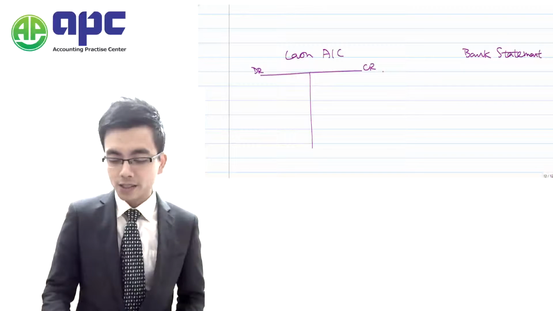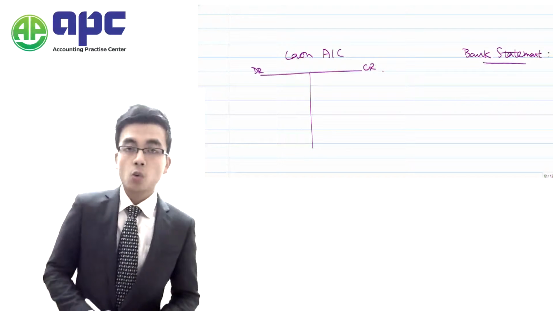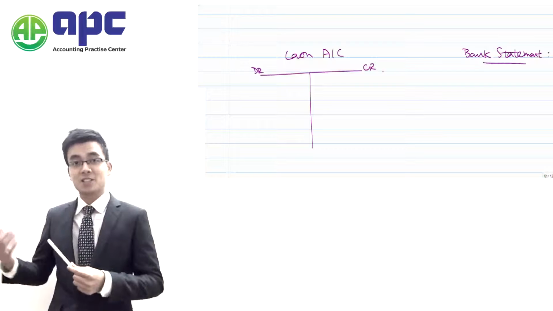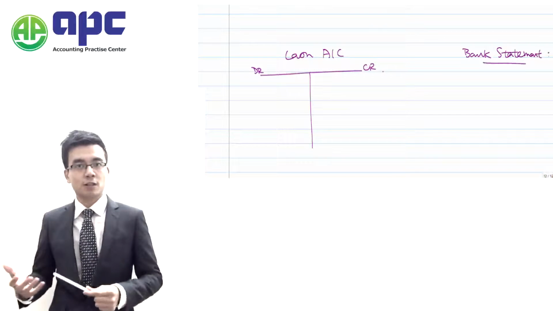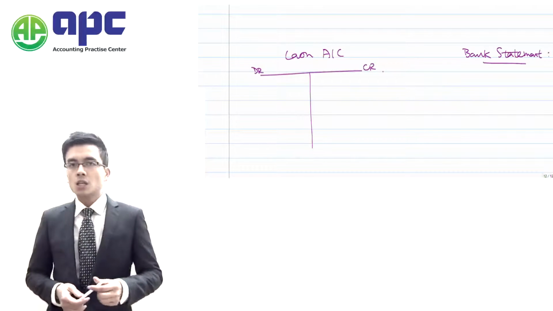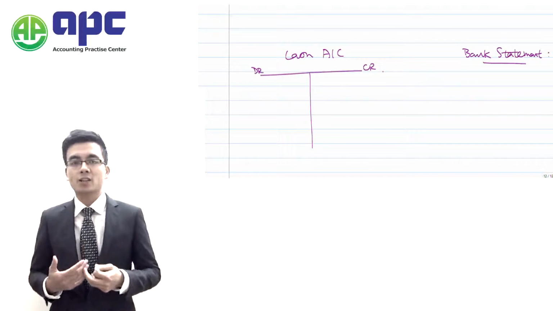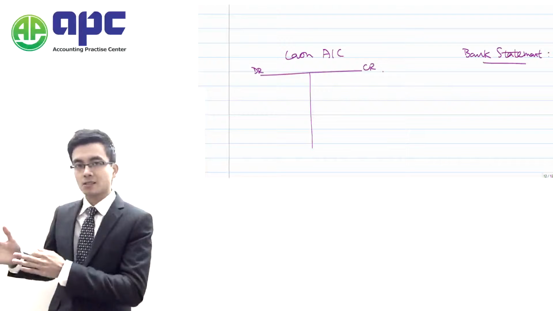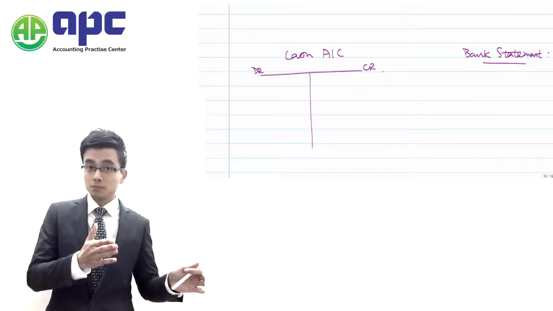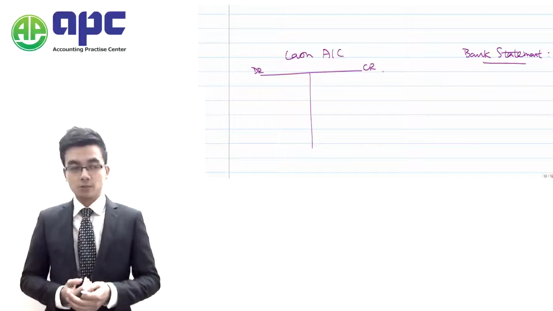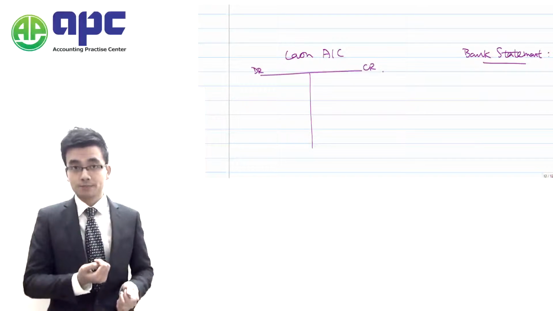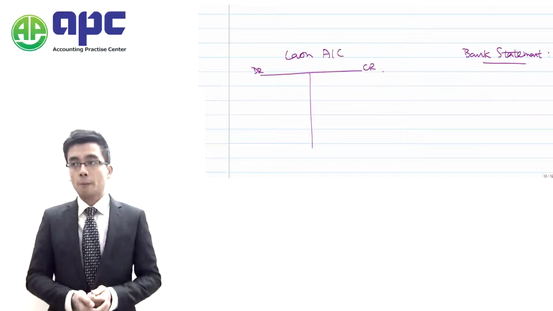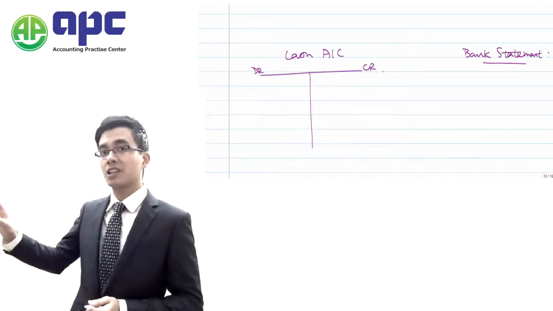Why this is the case is because we open up bank accounts with our bank for every business. Maybe we're going to use a bank transfer to transfer the money from our bank to others. Or maybe we received a check from a customer, but we haven't gone to the bank to clear up this issue.